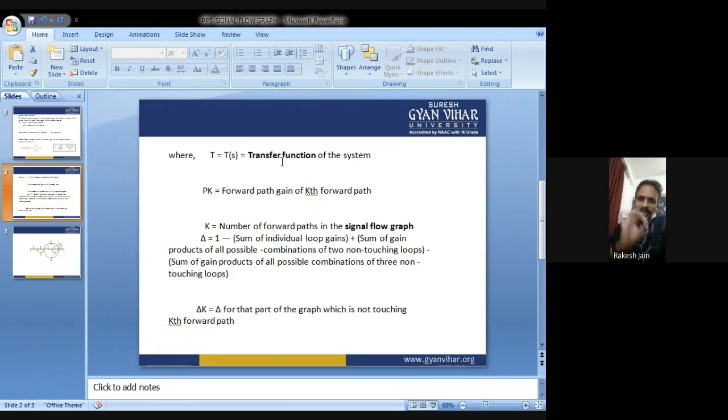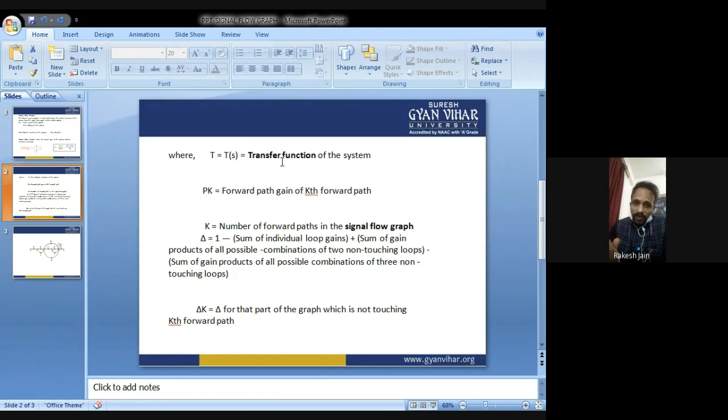How many straight forward paths are there? That is your k. If there are 2 forward paths, then we have to find P1, P2. If there are 3 forward paths, then P1, P2, P3.